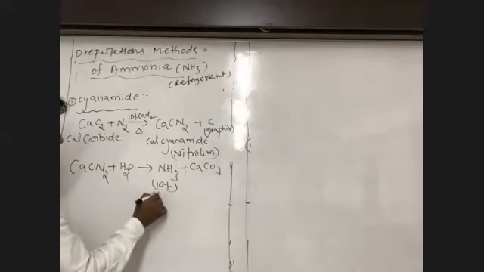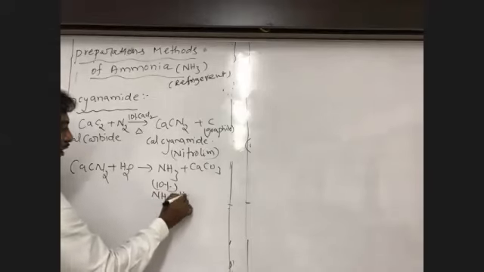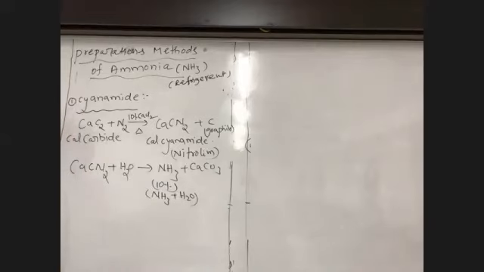That is, a mixture of NH3 plus H2O is produced. We have to prepare 100% pure ammonia, which means we have to remove the water present in the ammonia. This process is called drying of ammonia.